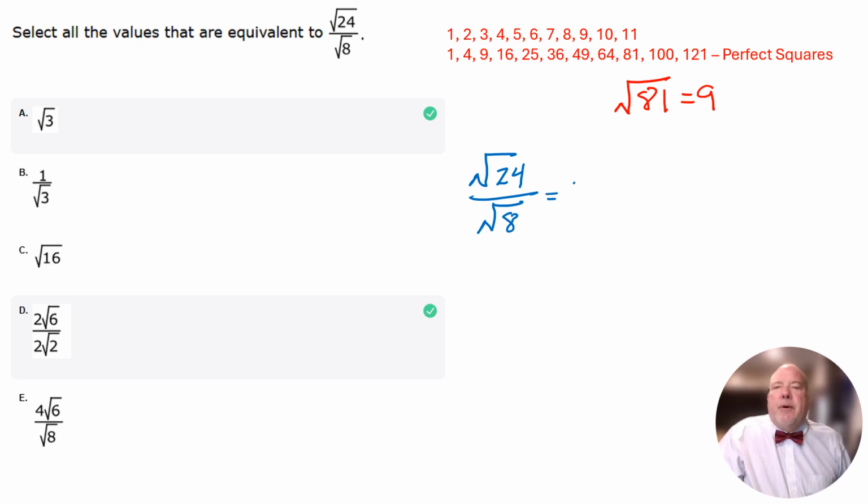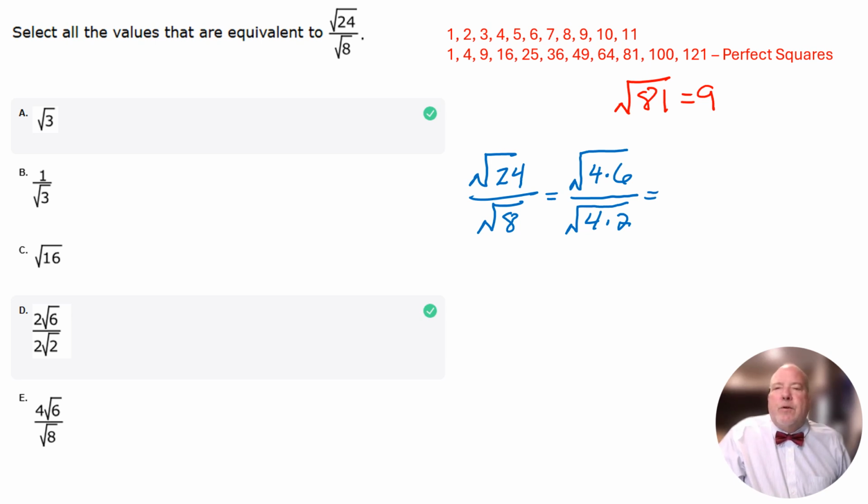So I'm going to break these up. We said that 4 was a perfect square. So I'm going to change the 24 to 4 times 6. And then you'll see in a minute what I'm going to do with that. And the 8, likewise, I'm going to break that into 4 times 2. So the square root of 4 is a perfect square, so I can bring that out.